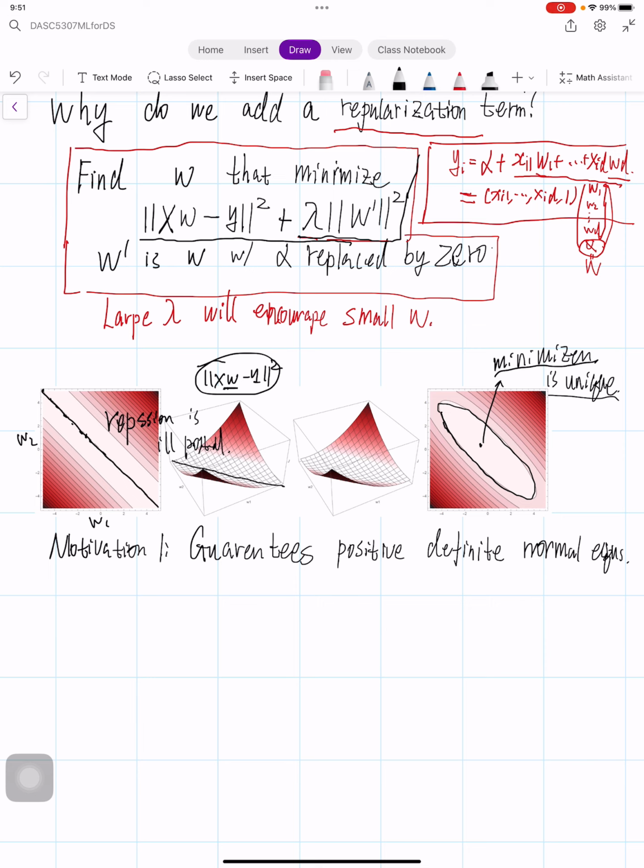By adding a small penalty term, we obtain a positive definite quadratic form, which is shown on the right-hand side, with a unique minimizer. So regularization implies that we are turning an ill-posed problem into a well-posed problem. That was the original motivation for the ridge regression.